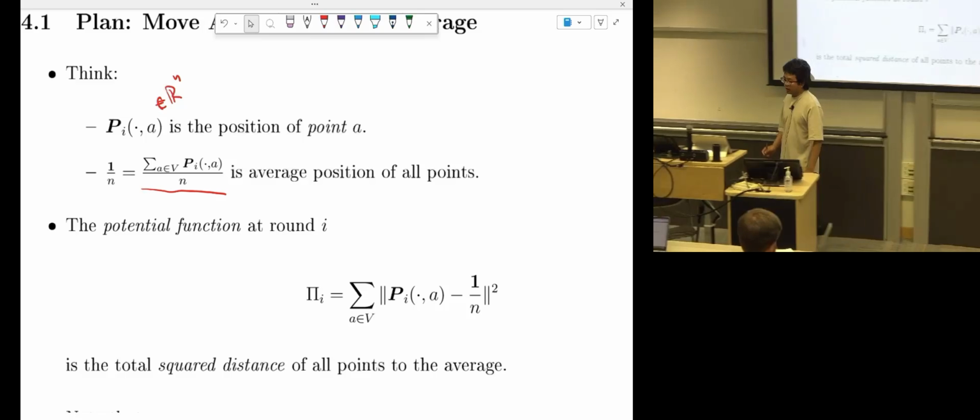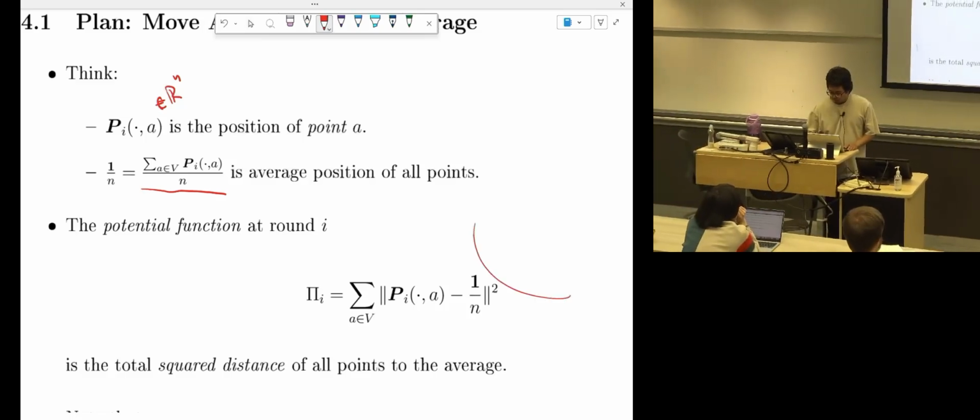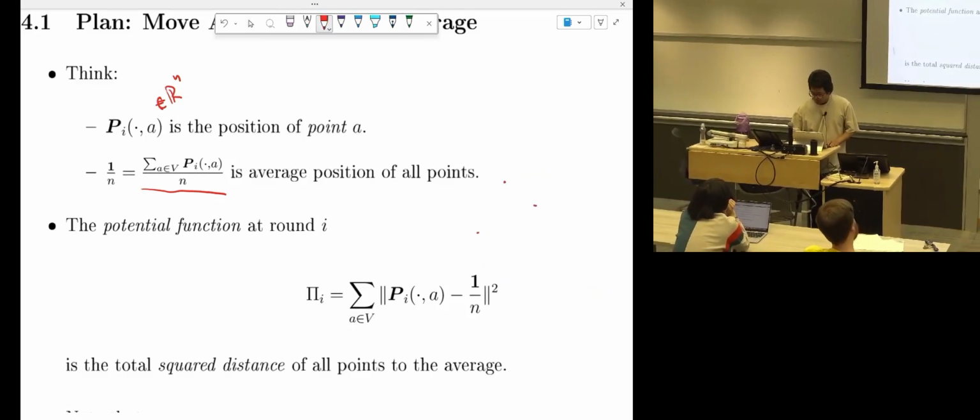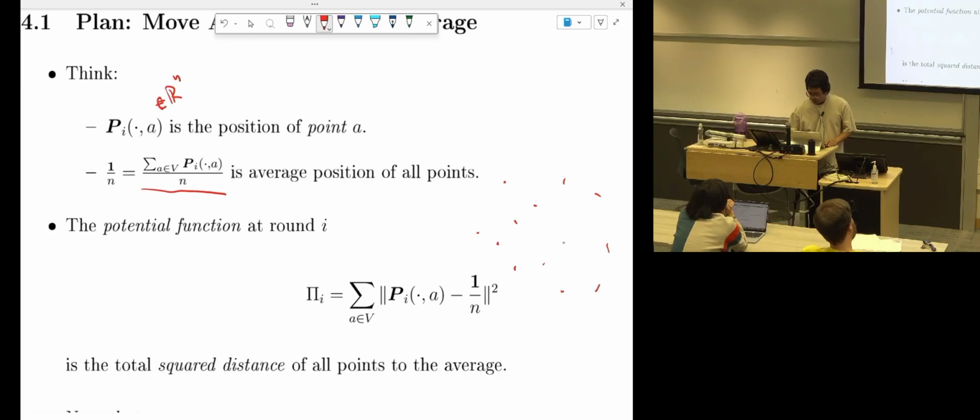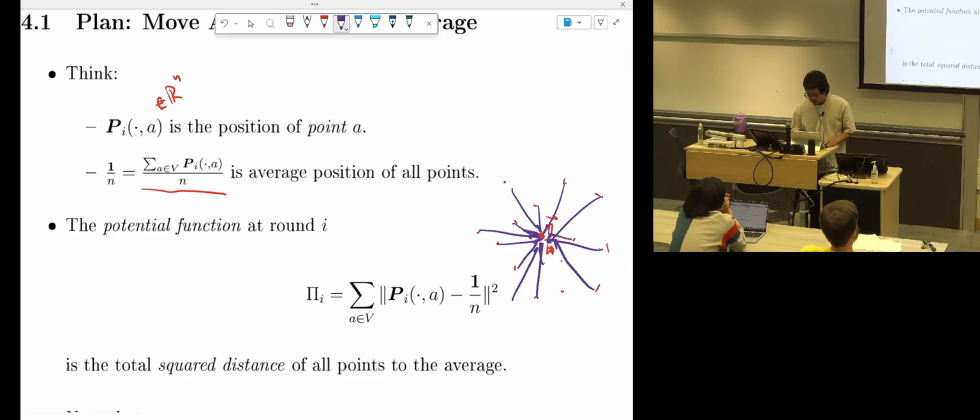So think like you have points, and then there is some average. This average will be R1 vector over N. And what I'm going to measure is the distance to average squared.